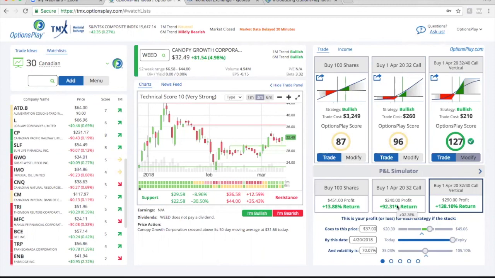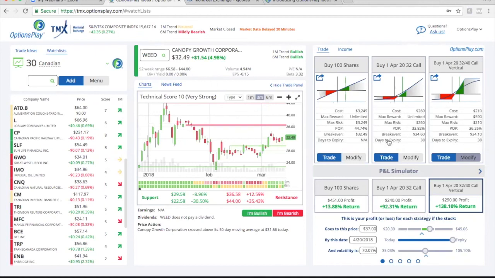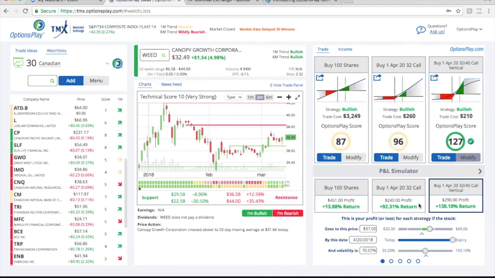It doesn't have the best risk to reward ratio, but I think that's still sufficient for most people to make a 92% return if the stock goes back up to 37, which is, I think, in this particular case, a fairly modest move in this particular stock. So keep in mind that you want to take a look at how much return you're going to get, because that's really more important for most people than simply the options play score.